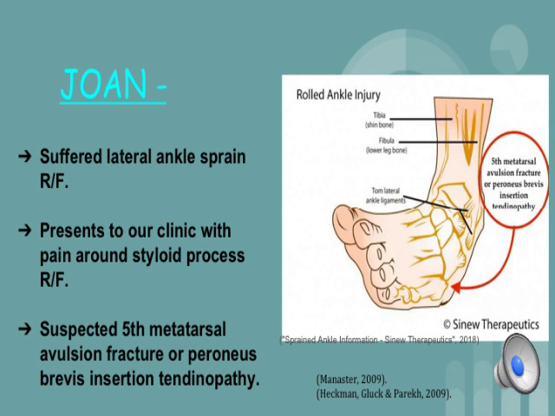We arrived at these two diagnoses as we could localise Joan's pain to the area at her styloid process. Upon palpation of her peroneus brevis, pain was reproduced, particularly at its insertion at the base of the fifth metatarsal.